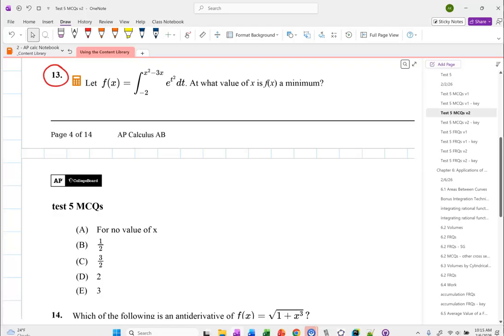Oh, actually, looking at what the numbers are, I think you should be able to. Who's got the derivative of this?